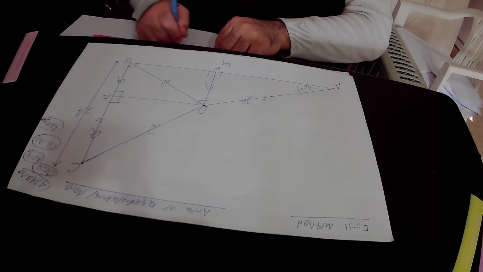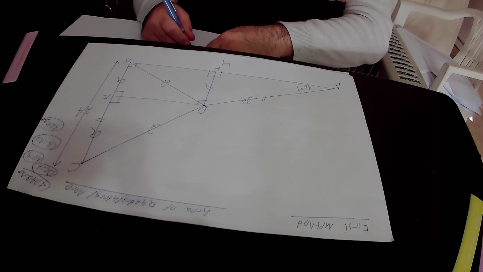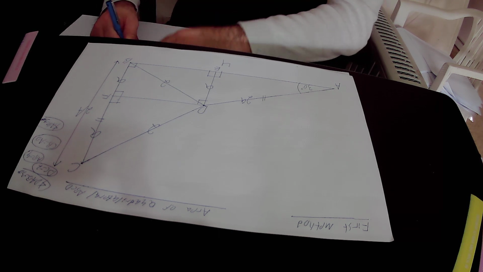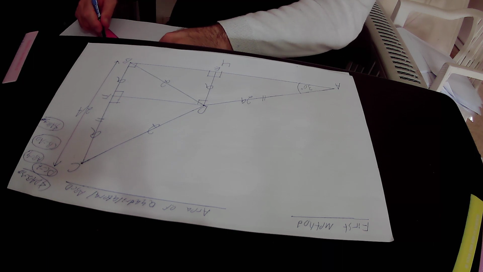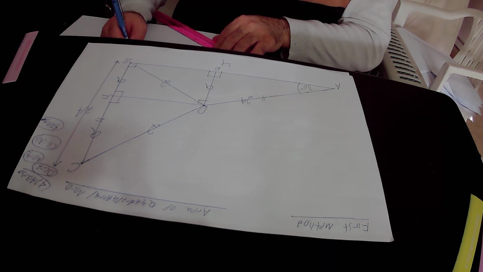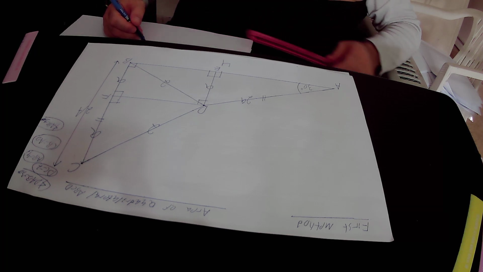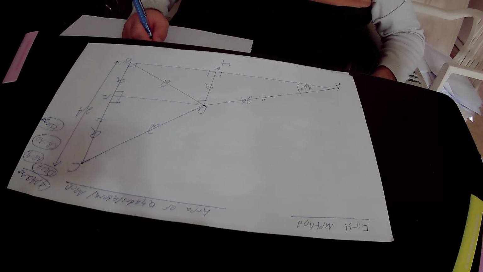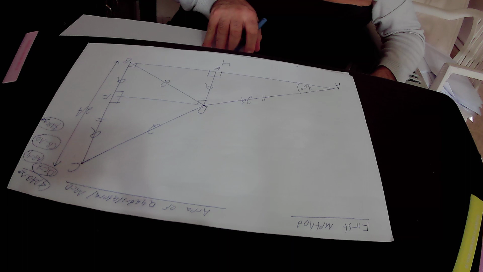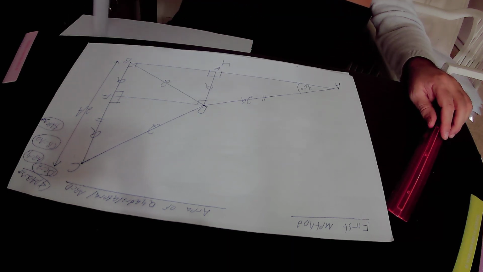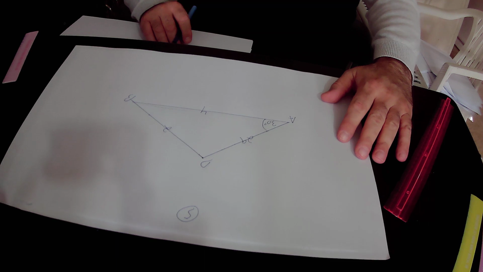In triangle ABD, we know that AB equals 4 units, AD equals 2A units, angle DAB equals 30 degrees, and DB equals 2 units.